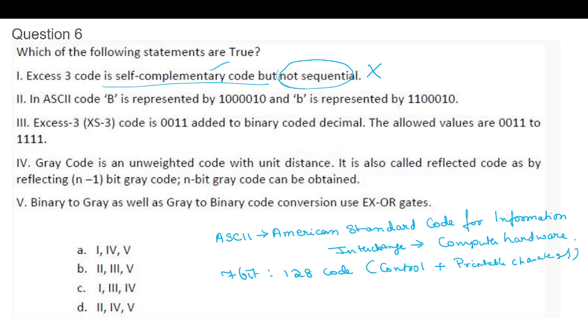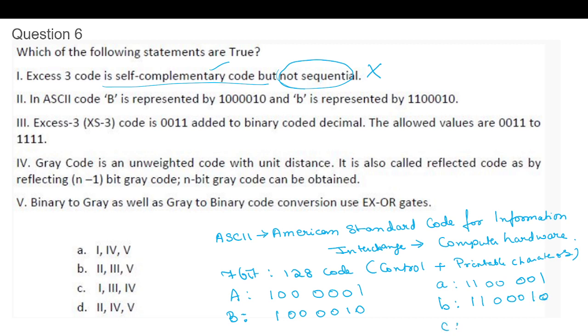So in this, the capital A has the code 1000001 and small a has the code 1100001, and capital B you have the next value 1000010, and small letter b 1100010.